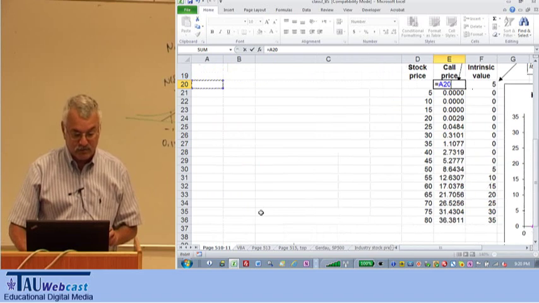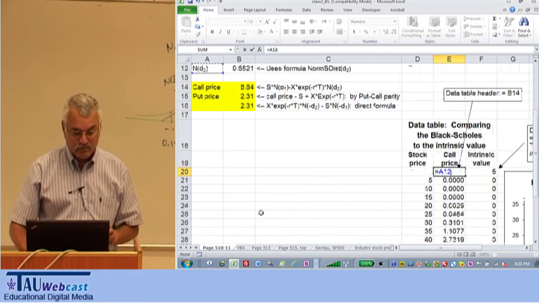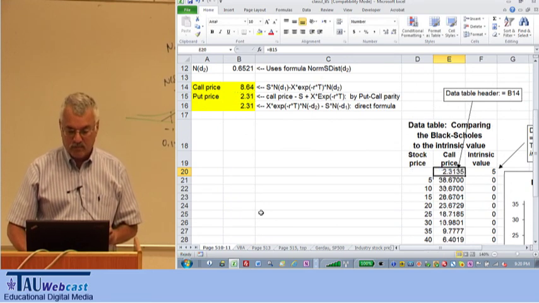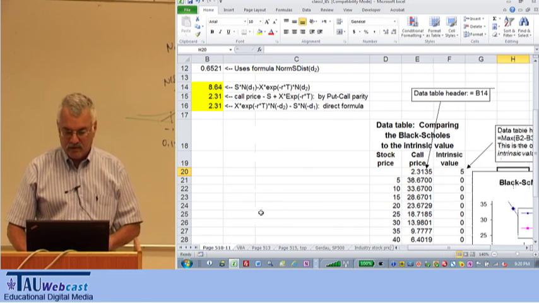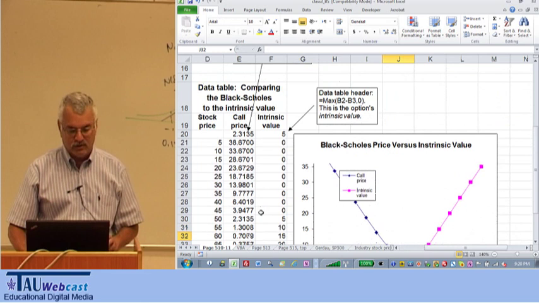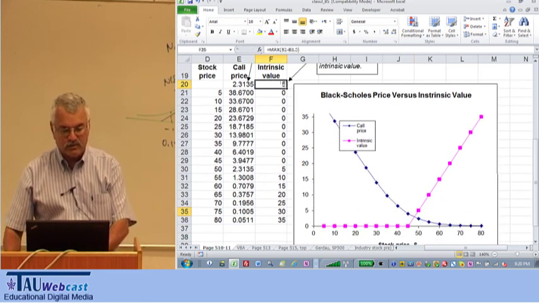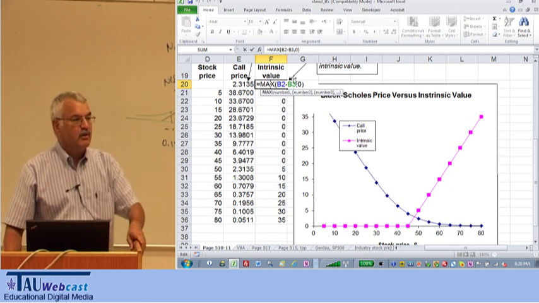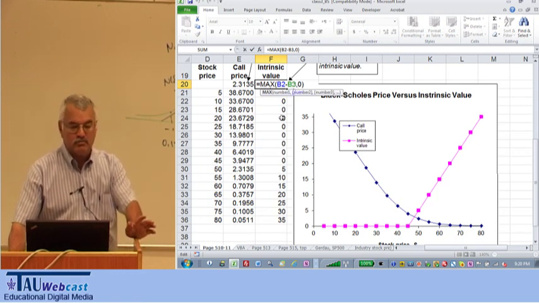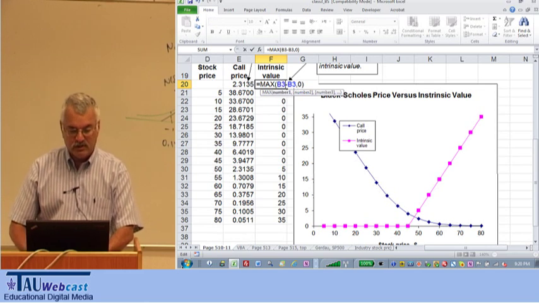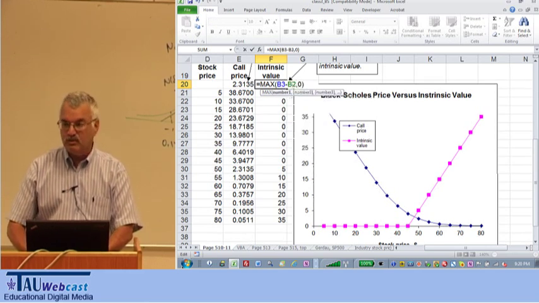So now I'm going to reference the put price. In the meantime, my graph is a little screwed up. And then I'm going to change the intrinsic value. The intrinsic value here was max of B2 minus B3, but if it's a put, it's B3 minus B2, or 0.